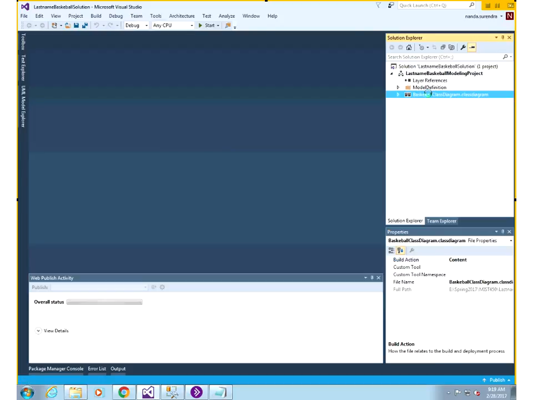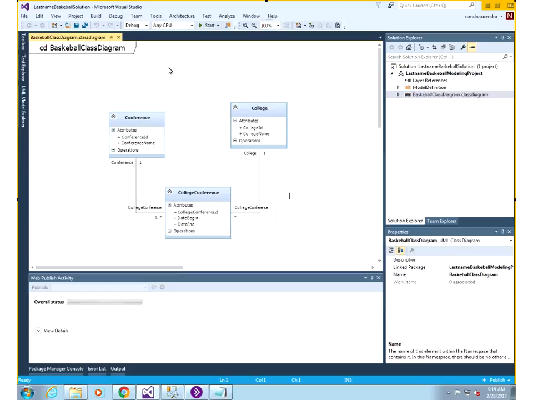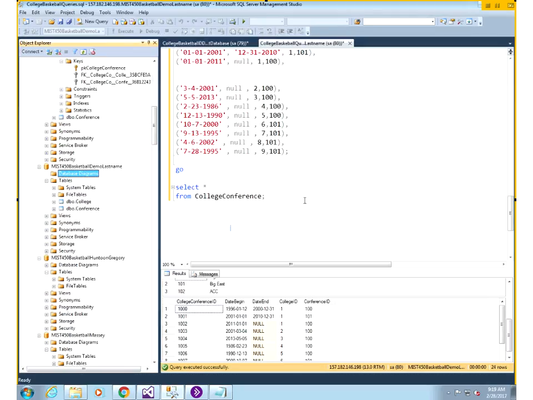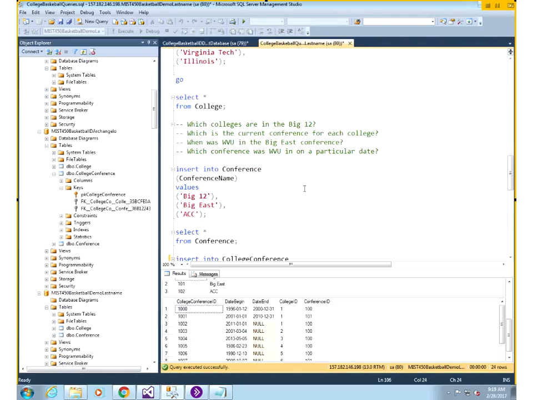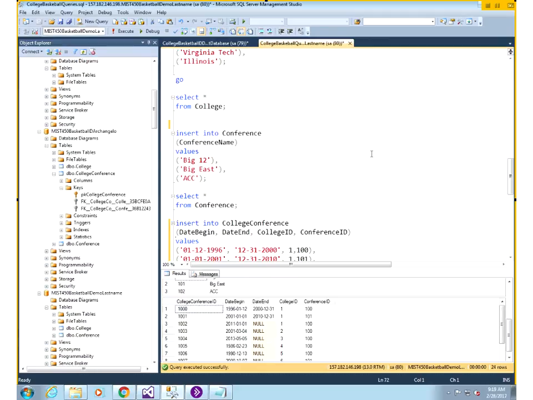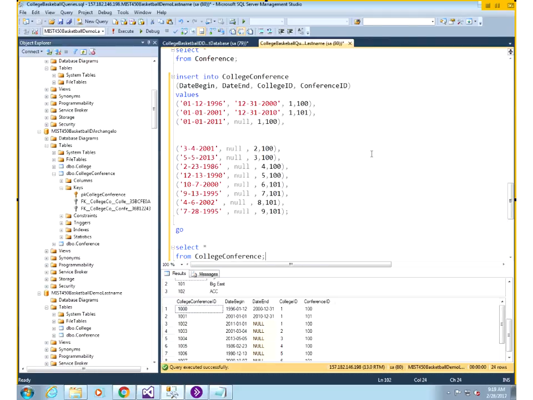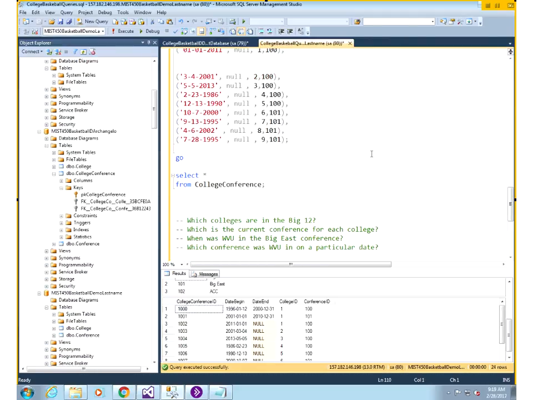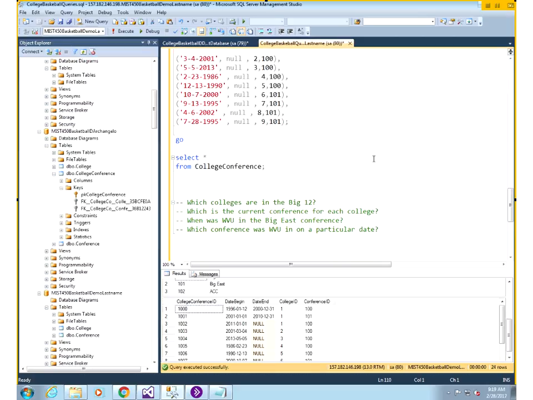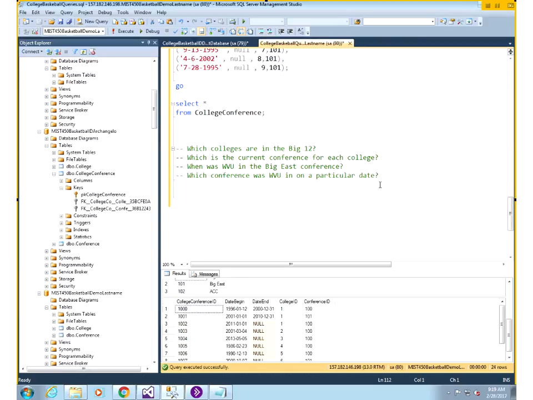So if you look at your class diagram, from there you can figure out how the connections occur for, there's my question, which colleges are in the Big 12.